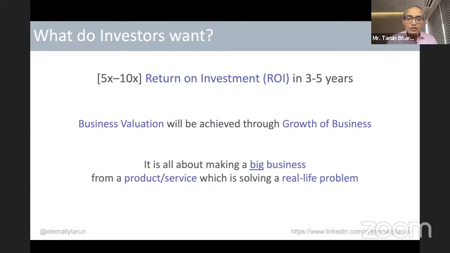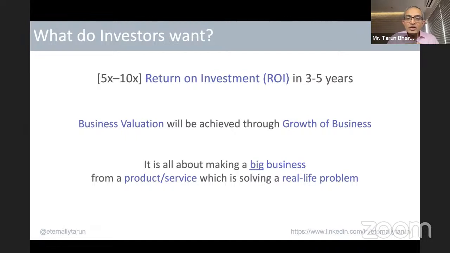And thankfully, over the last 2 to 3 decades, the entire ecosystem of investors has matured. Silicon Valley is what we look up to. But at the same time, we also have a lot of investors in India as well, whether it is individuals, high net worth, family offices, angel networks, and you have early stage VCs and so on and so forth.